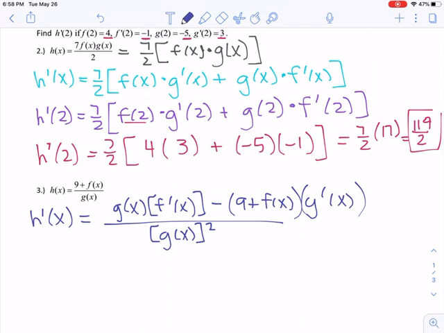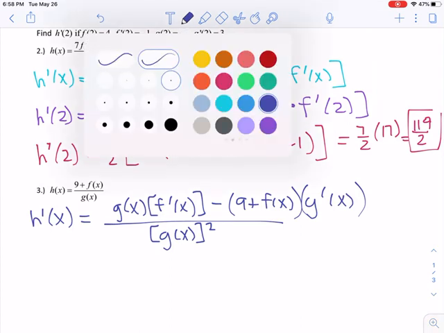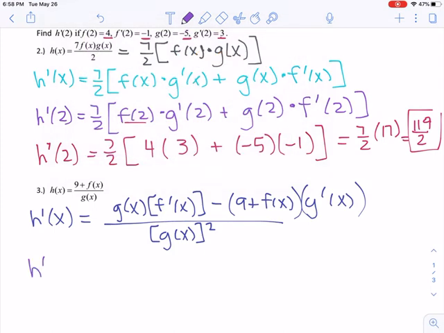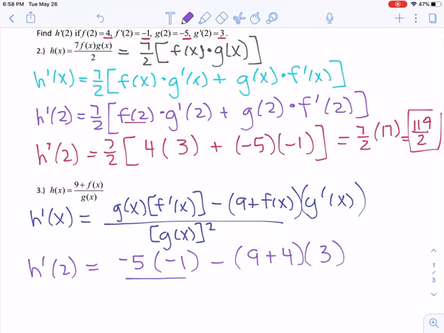So now we can go ahead and plug in our values just like we did for 2. So we know that g of 2 is equal to -5. The derivative of f is -1, minus 9 plus the value of f at 2, which is 4, times the derivative of g at 2, which is 3, all over the value of g at 2, -5, squared.